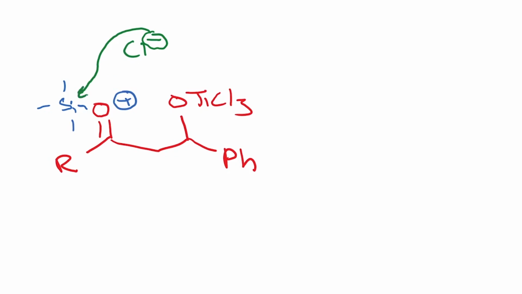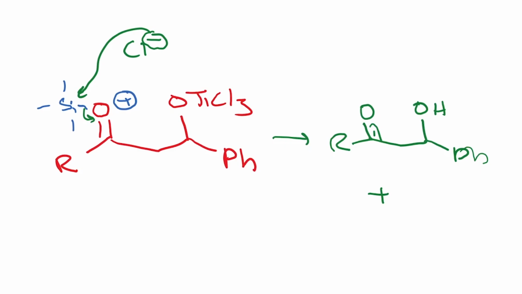So chloride can come and attack the silyl group and free up the carbonyl group here. And so the product that you would get is R C double bond O OH Ph plus SiMe3Cl. Okay, so I'm sorry, I forgot to keep the titanium chloride on this.